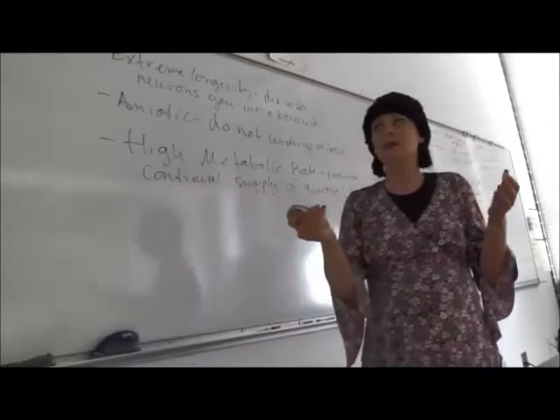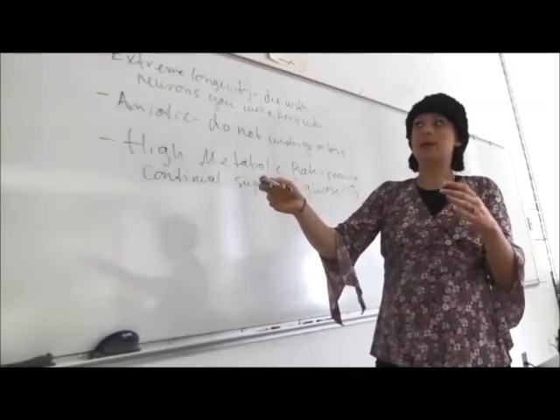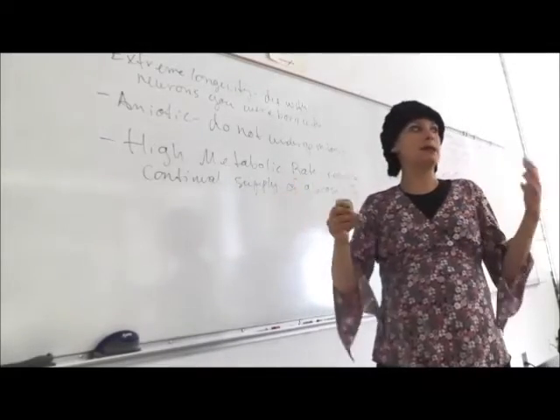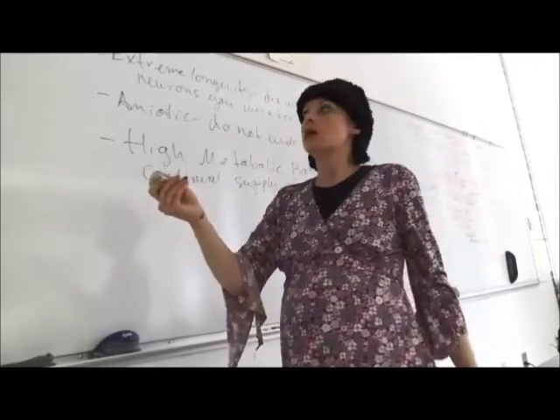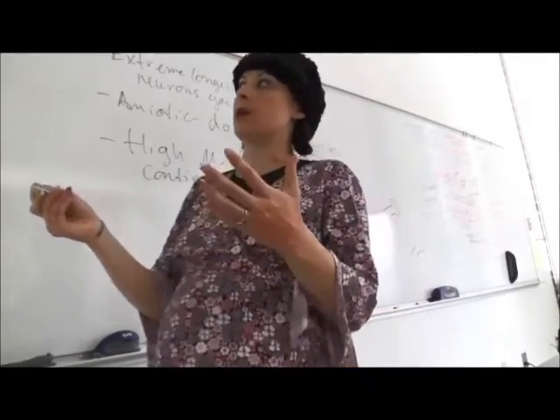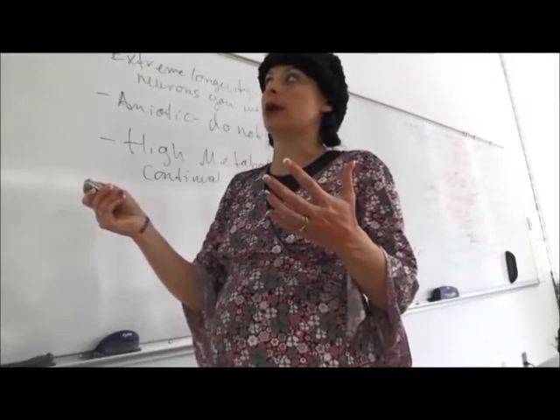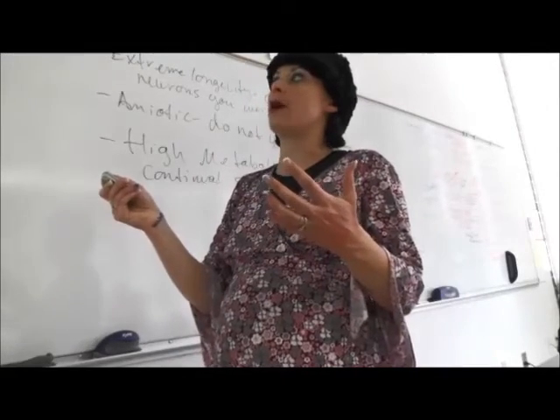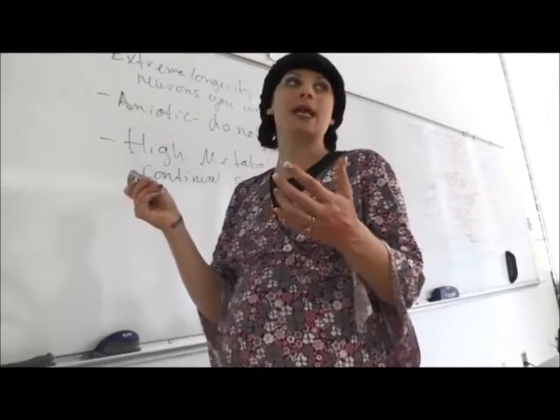So if we have this influx of positive charge and we don't insulate it, then our sodium-potassium pumps and our leak channels take over and you lose the integrity of that signal. So this is showing a bare plasma membrane, and if you stimulate it so that we get this influx of sodium right here, the further you get away from the area of stimulus, the more your signal decays.